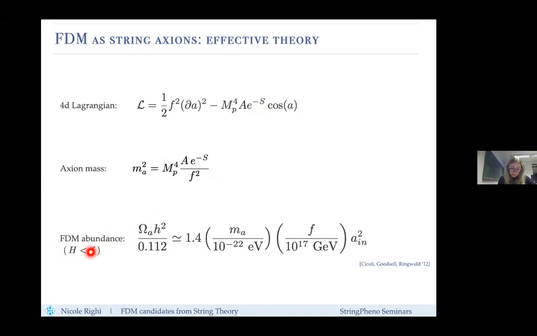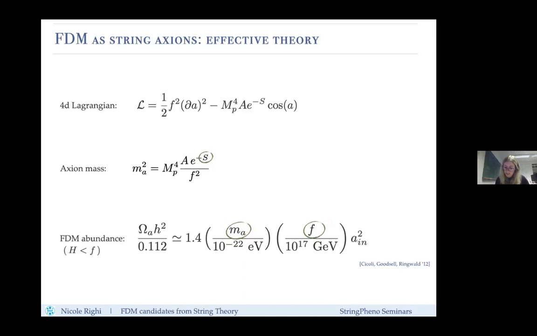And this is computed, of course, before the inflationary epoch, because the decay constant is higher than the Hubble scale at the inflationary epoch. And so the main character of my talk will be, as you already know, the mass of my axion, the decay constant, and also, importantly, the instanton action, which provides the axion with a mass.